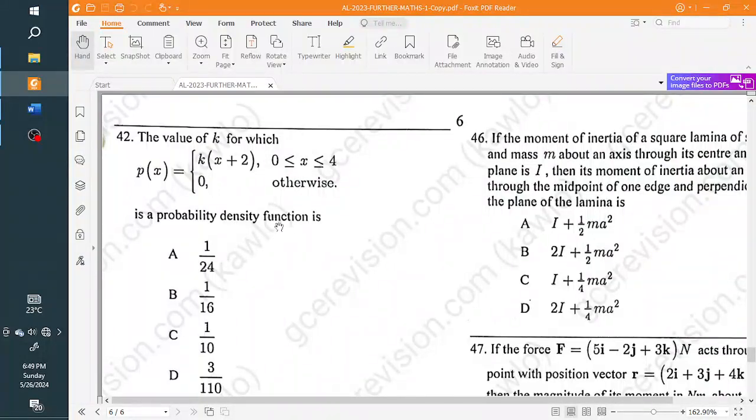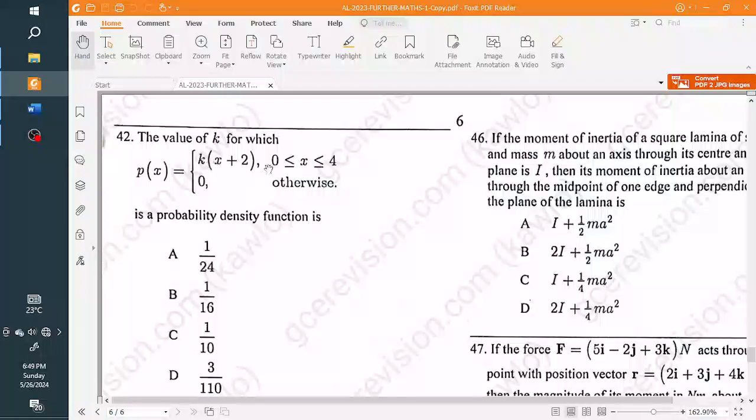By definition, because it is a probability density function, the integral of the probabilities is equal to 1. So I'm going to integrate from 0 to 4 of the probability function. If we consider any other value of x, the probability function is 0, so we just ignore that portion.